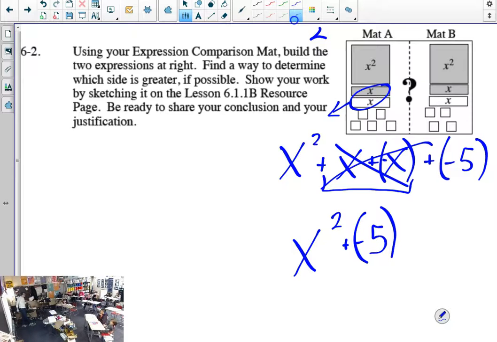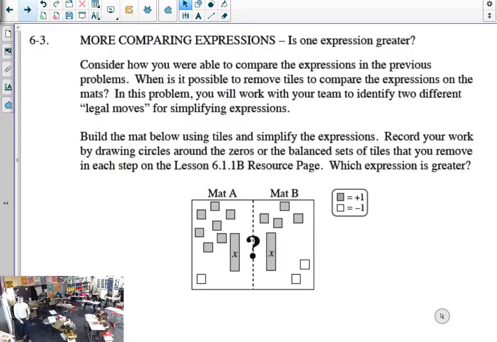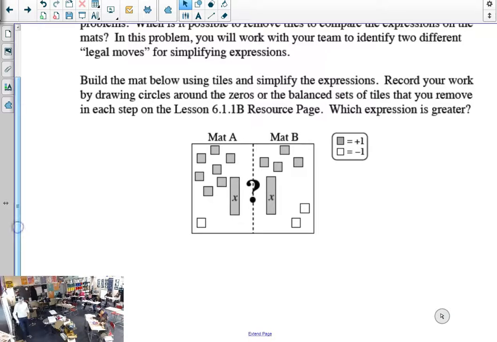Try 6.3 on your own. Get rid of anything that you can, anything that can cancel out. You can build it with tiles on your mat if you want, or you can just do it on here and draw.